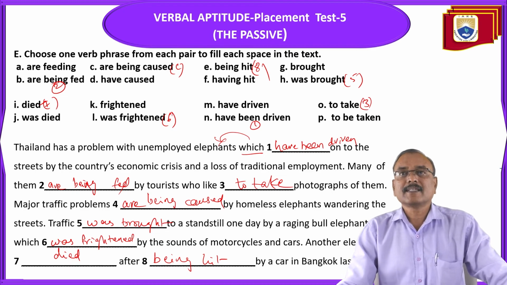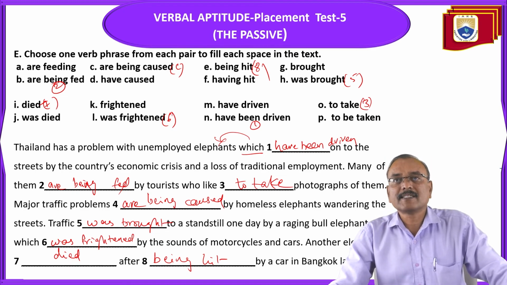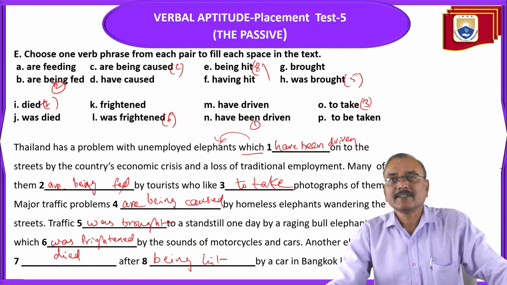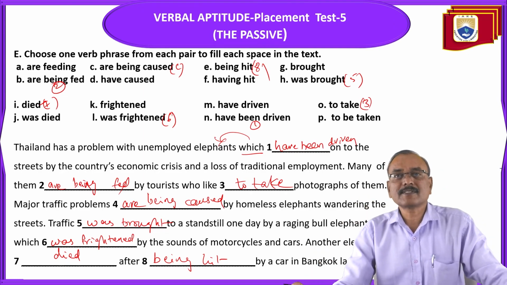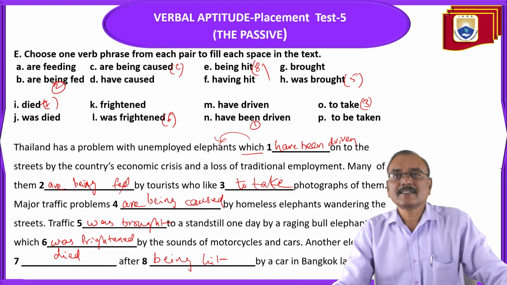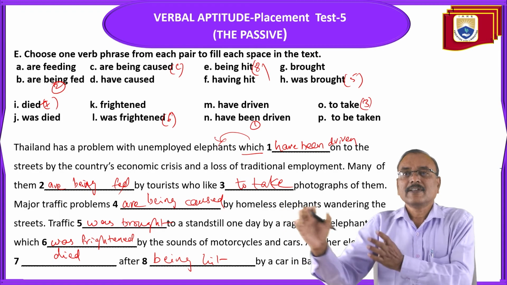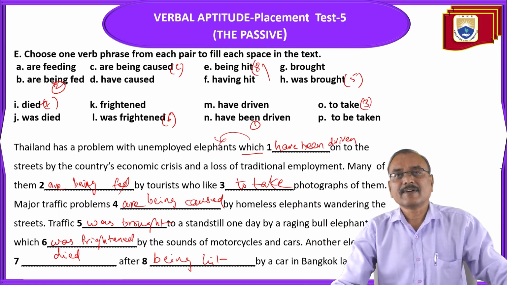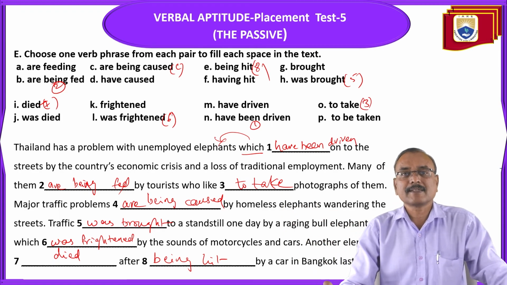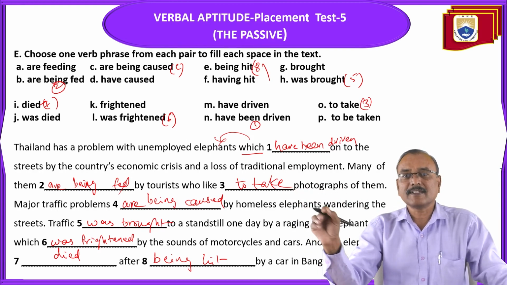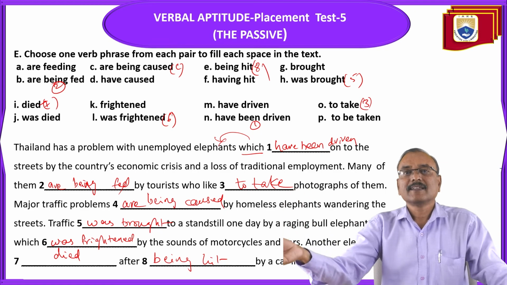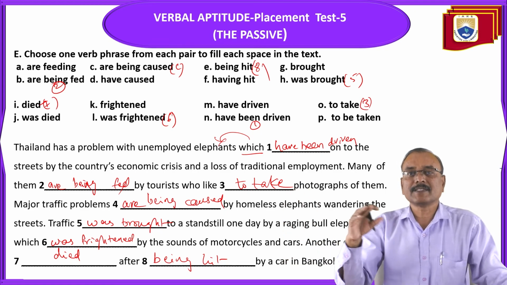So like this, the questions may be asked in various ways, only on the topic of passive structures. Don't think the questions will be given as in our academic exams. In academic exams, isolated sentences are given with instructions to change the sentence from active to passive or passive to active.